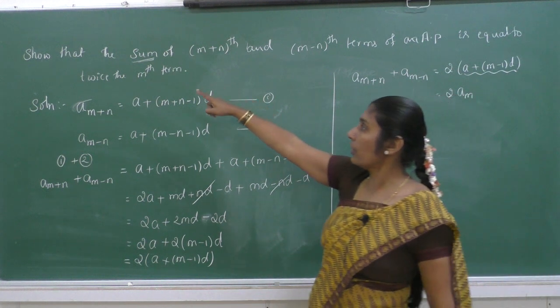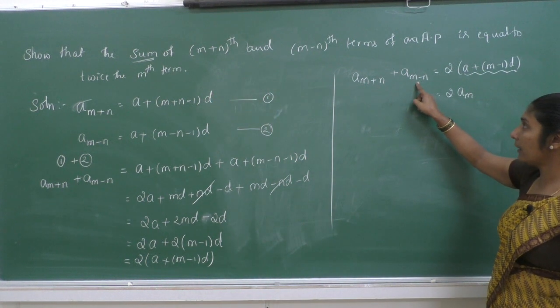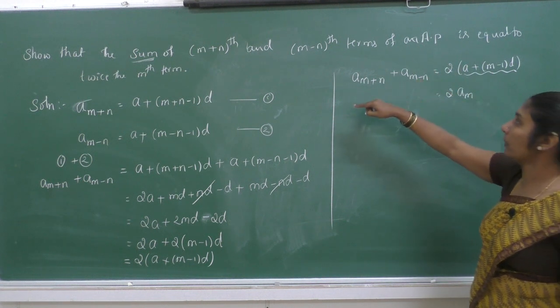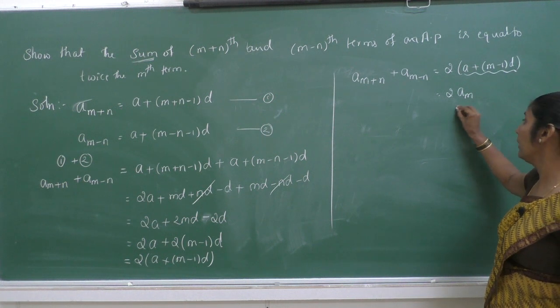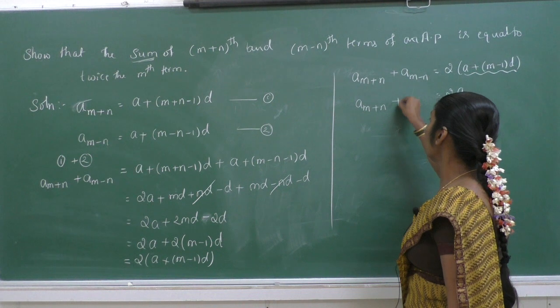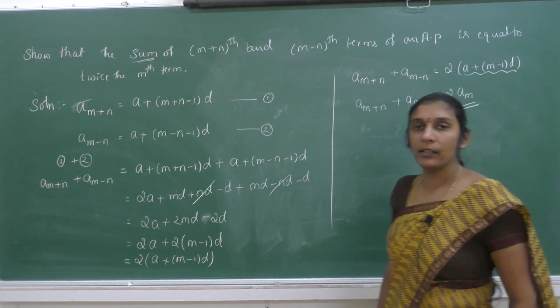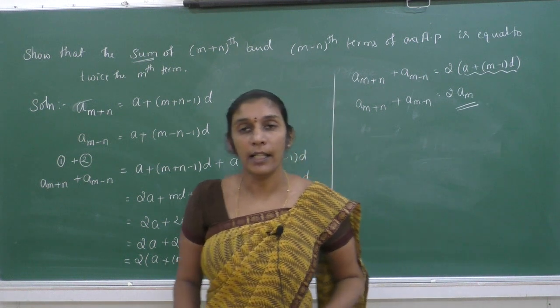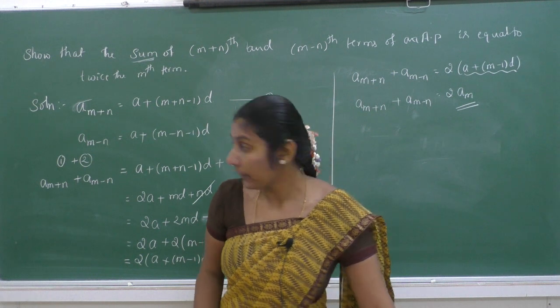So, that is, show that sum of m plus nth and m minus nth terms of an arithmetic progression is equal to twice the mth term. Hence, the solution: a m plus n plus a m minus n is equal to twice the mth term of an arithmetic progression. ಅರ್ಥ ಆಗಿದೆಯಾ? Next problem.